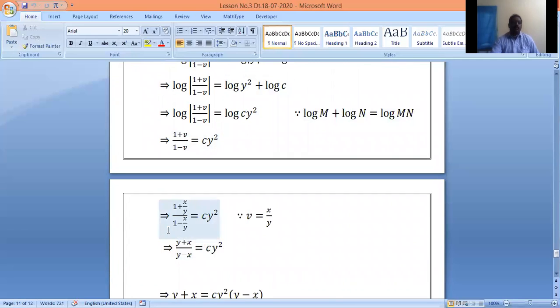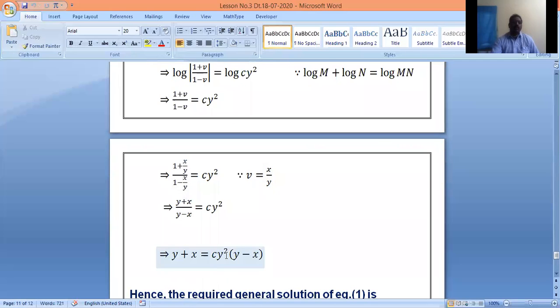We know that v = x/y. This is our substitution. By replacing v with x/y, we get (1 + x/y)/(1 − x/y) = cy². That implies (y + x)/(y − x) = cy².